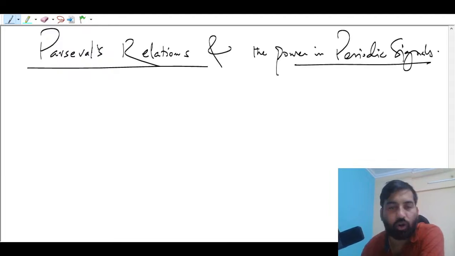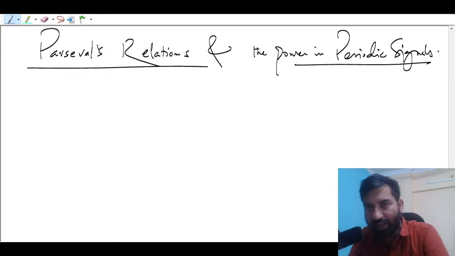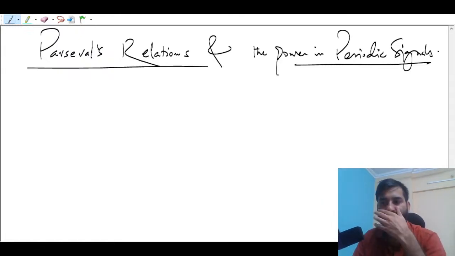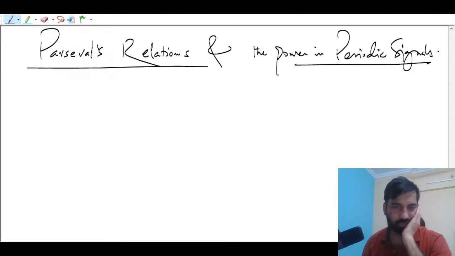See, if the signal is periodic, you know how to find the power directly in the time domain itself. Over the time period, you find the energy and then divide by the time period.